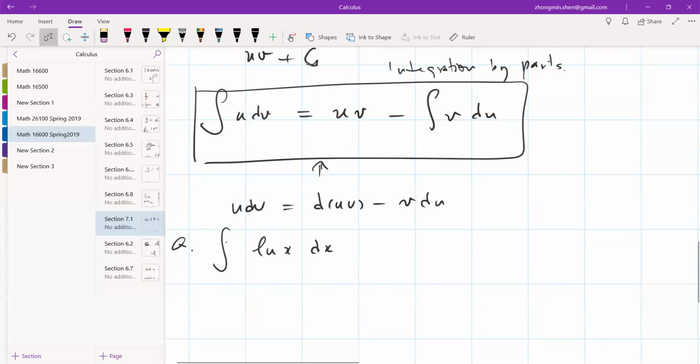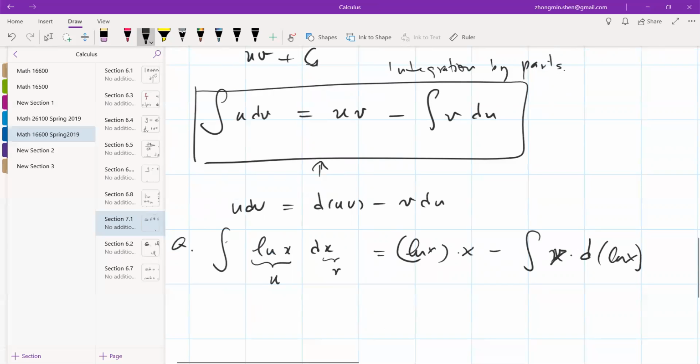So what I'm going to do is apply the integration by parts formula. I call this u, and then x is v. Then according to the above formula, I can say uv is natural log of x times x, minus the integral of x times d natural log of x.